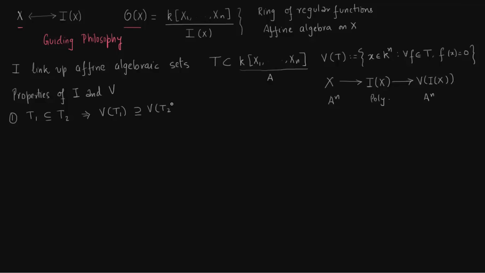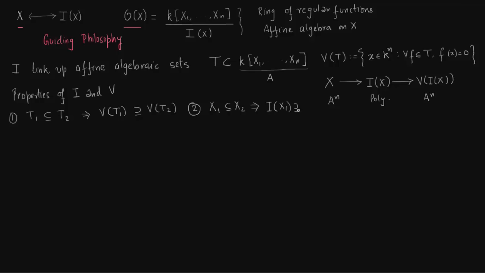V of T1 contains V of T2, because as you add more and more polynomials, the zeros keep decreasing, since now all those polynomials have to vanish on certain points.